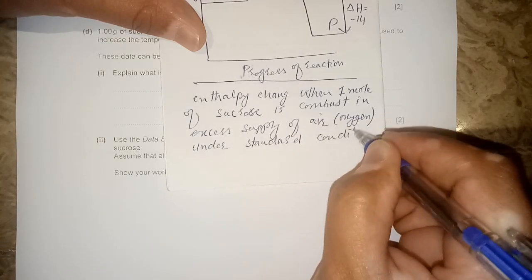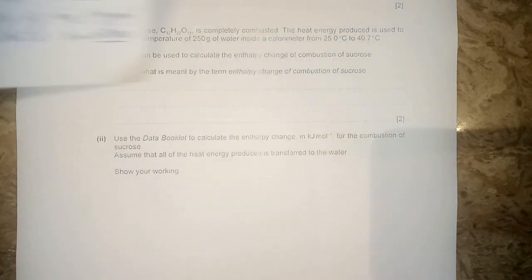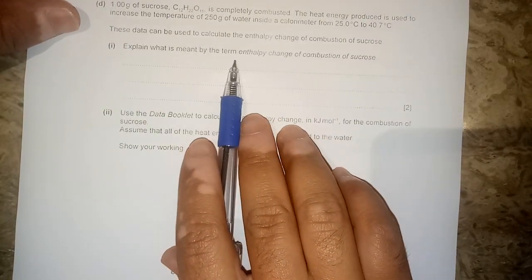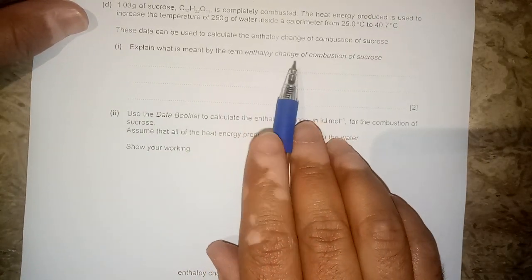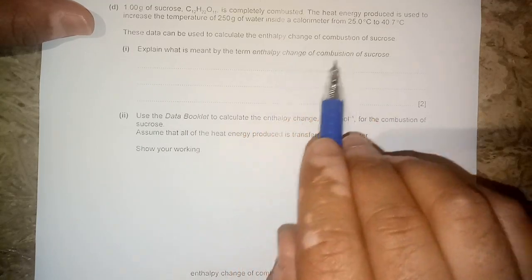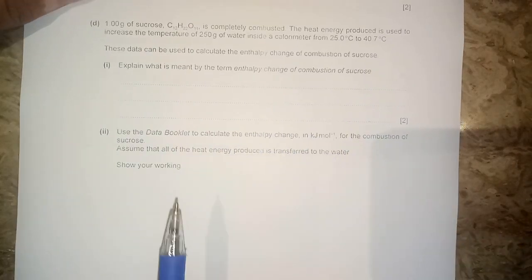It is compulsory to write this, as this is the standard enthalpy change of combustion. But as there is no standard here, we may ignore the words under standard conditions.